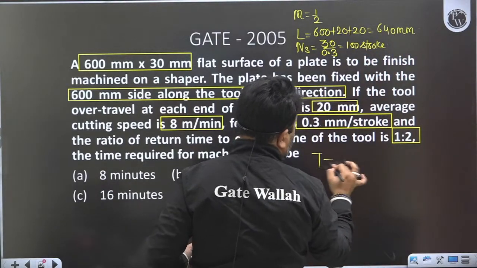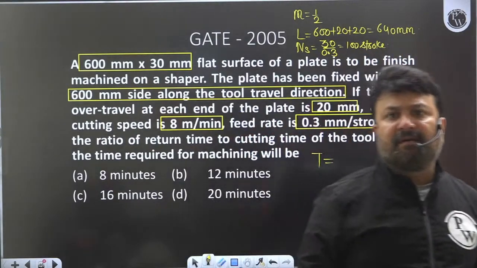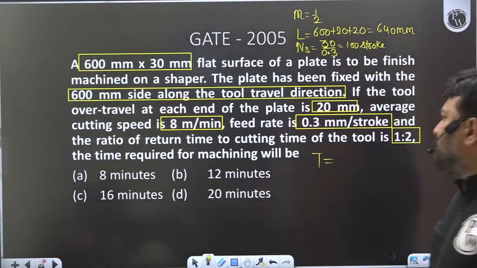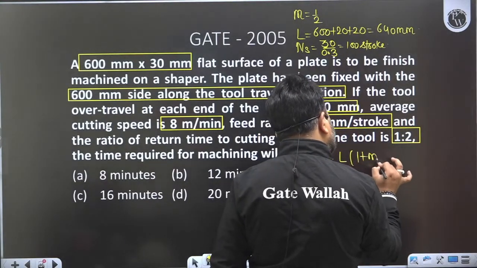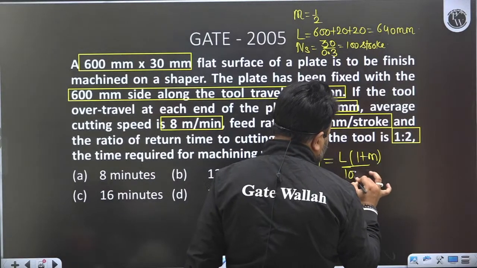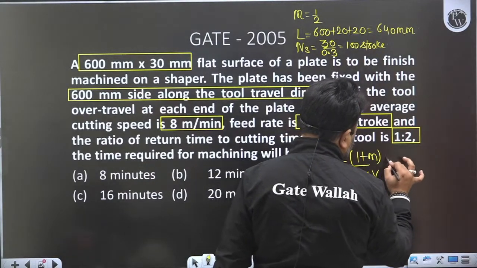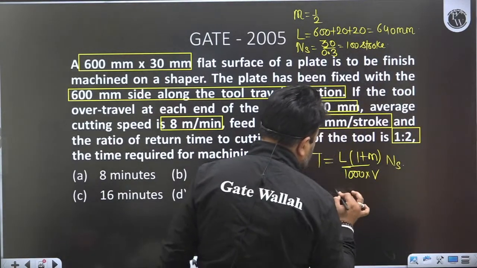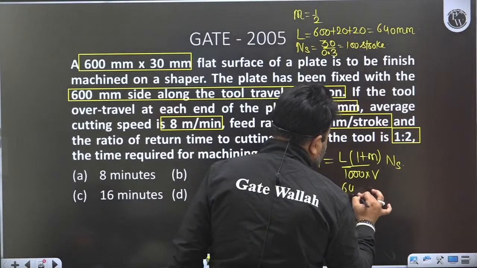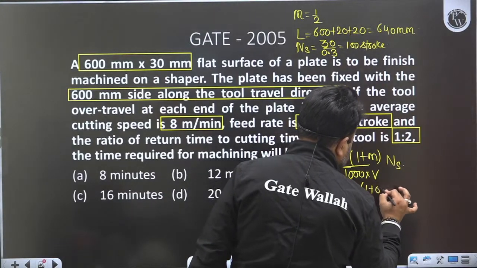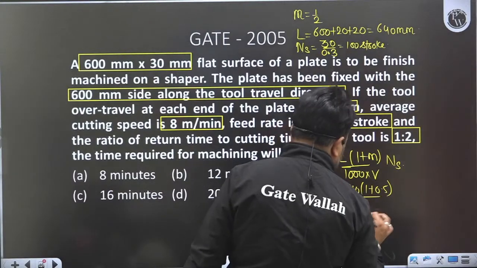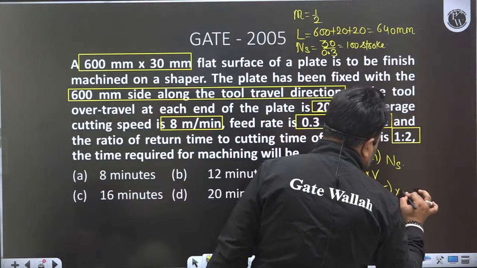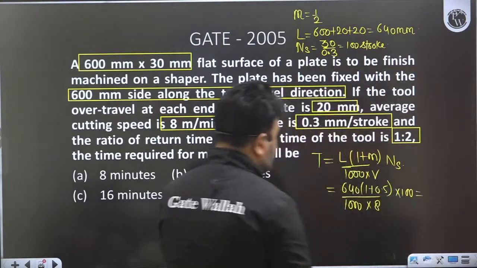Now the total machining time is L into (1 plus m) divided by 1000 into V into number of strokes. So L is 640, into (1 plus 0.5), divided by 1000 into 8 into 100.